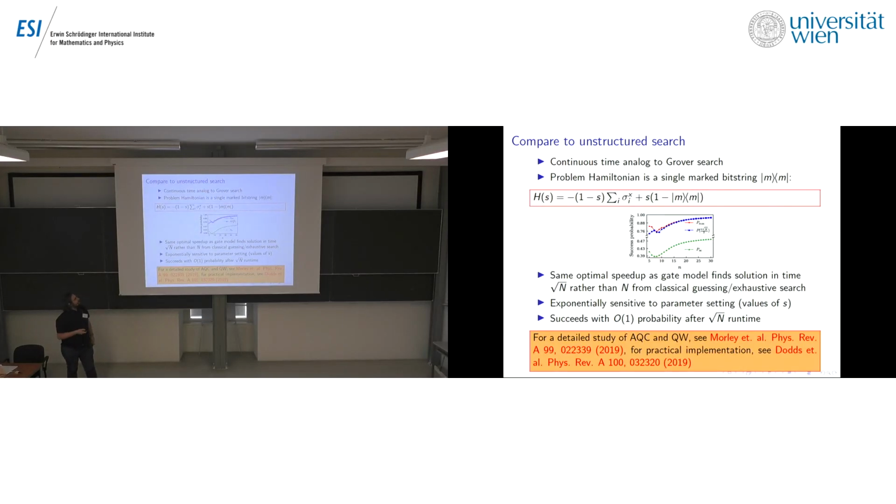And what happens there is you need to run a long time to actually see any speed up, and you need to do a single long run. Or, technically you can do more than one, but you need to run for a time proportional to root n with every run. You can succeed with probability order 1 after this runtime.